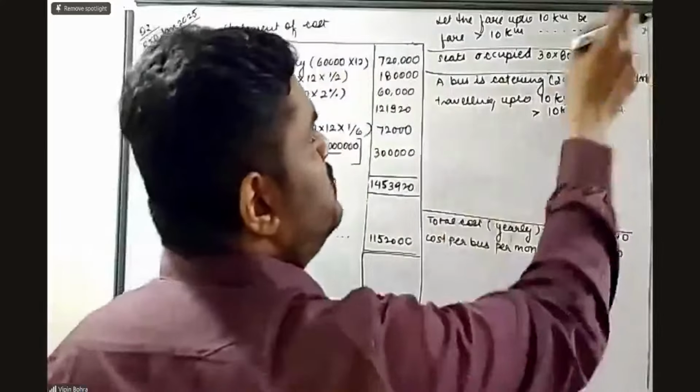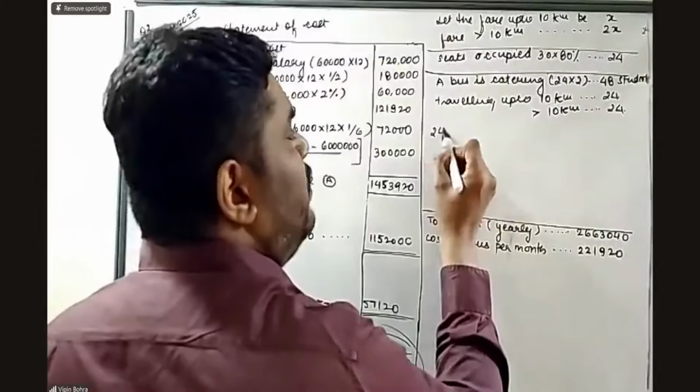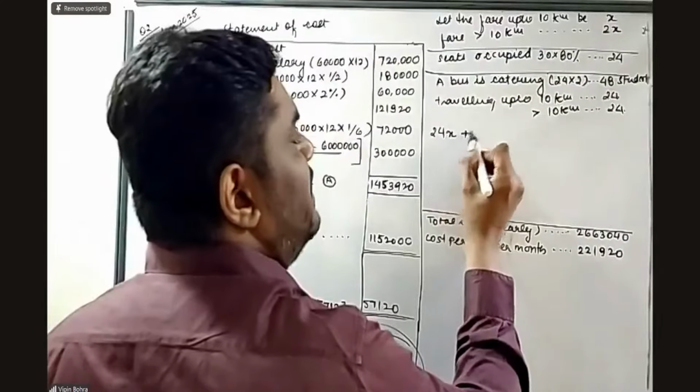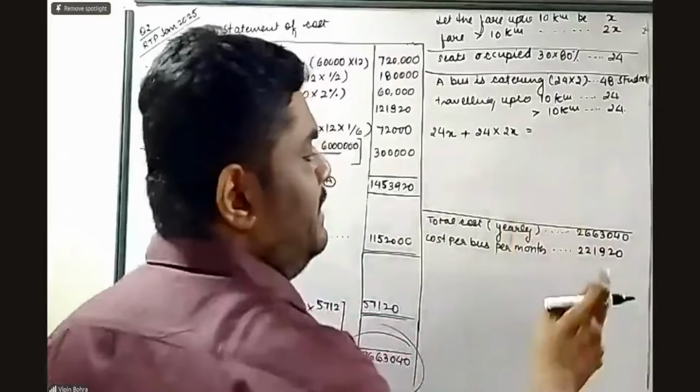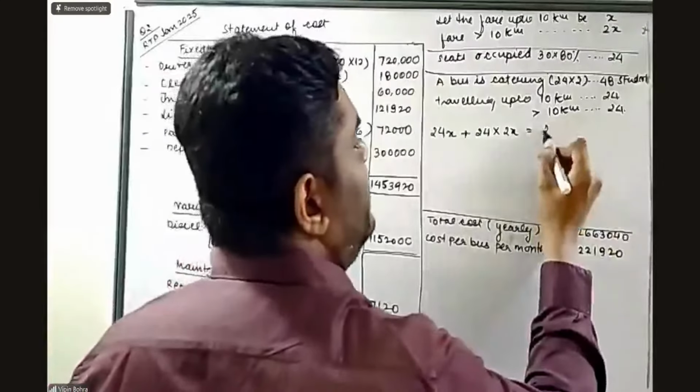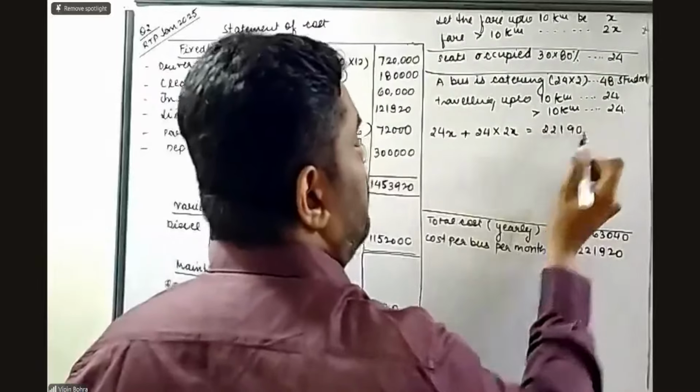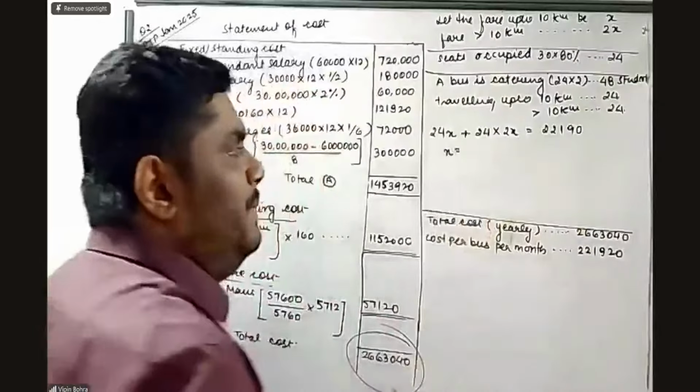50% students are traveling up to 10 kilometers and 50% are traveling more than 10 kilometers. So their fare we also have. So for 24 students, the fare will be X, and for 24 students, the fare will be 2X, and this should be equal to 22,190. So value of X will be how much?